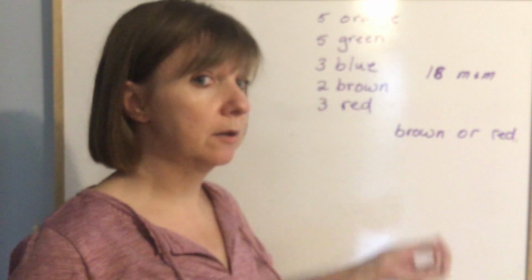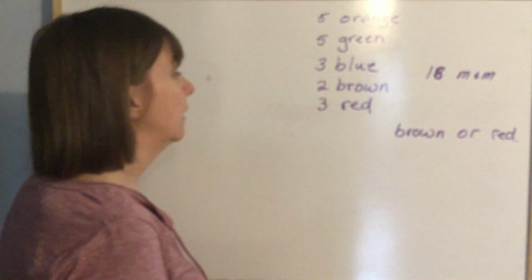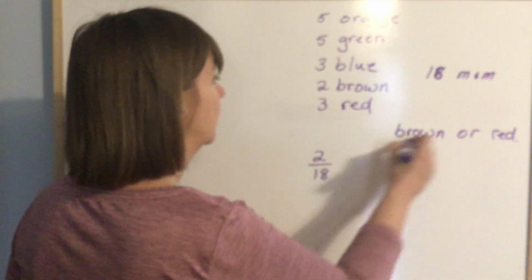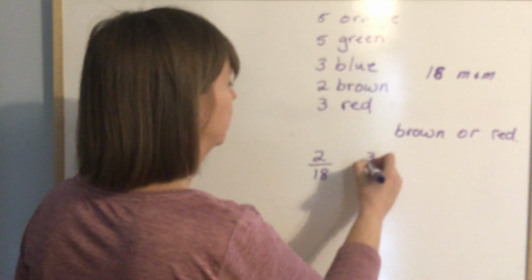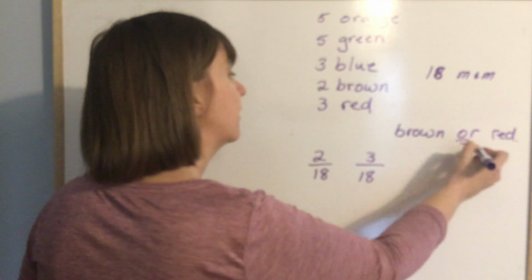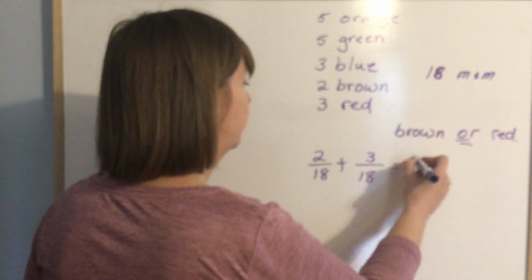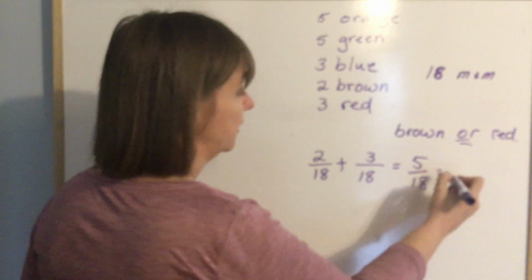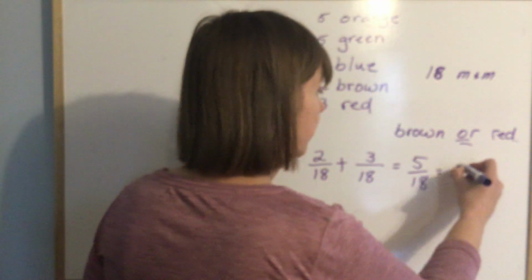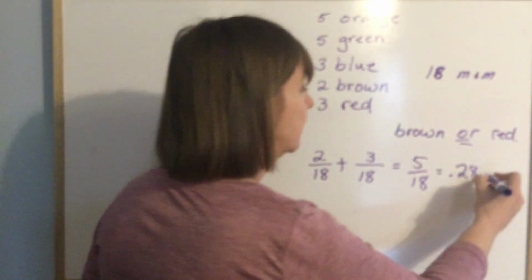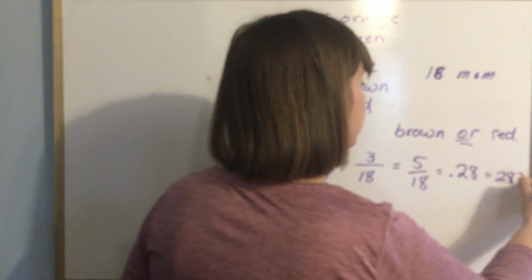Brown would be 2 out of 18. Red would be 3 out of 18. Because I use the word or, I'm going to add, which gives 5 out of 18, which doesn't reduce. 5 divided by 18 is 0.28 when I round it off, because it's 0.27777. So that is a 28% chance.